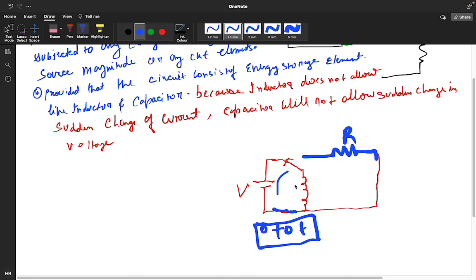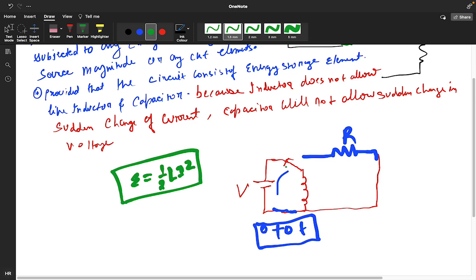The inductor will store some energy, and the energy storage we already derived in the first class: half L i square. I hope you remember. Energy in an inductor is how much? Half L i square.